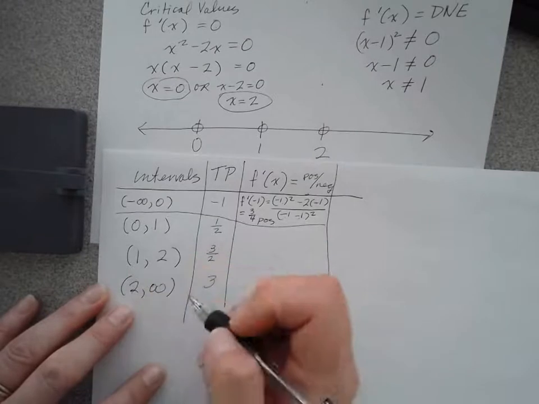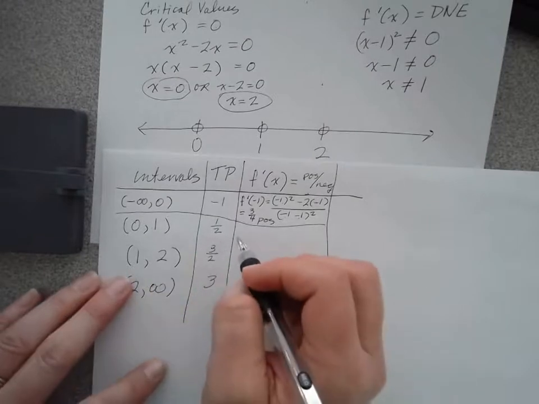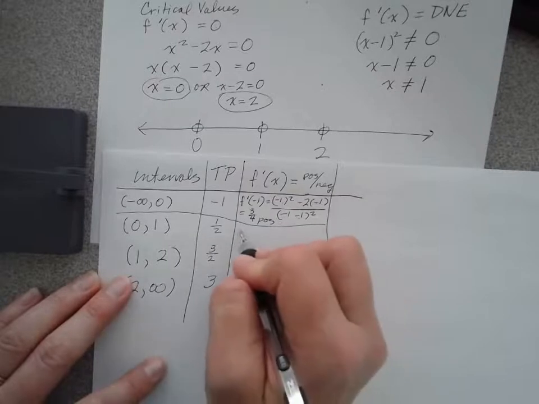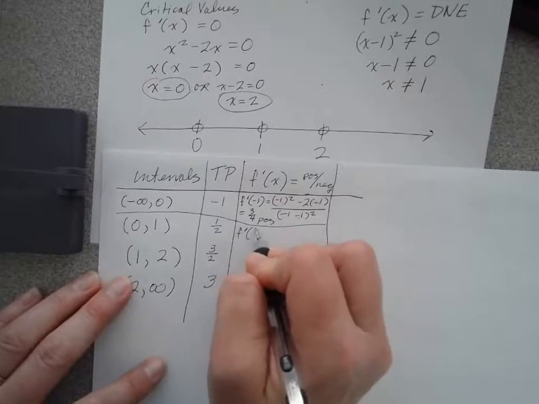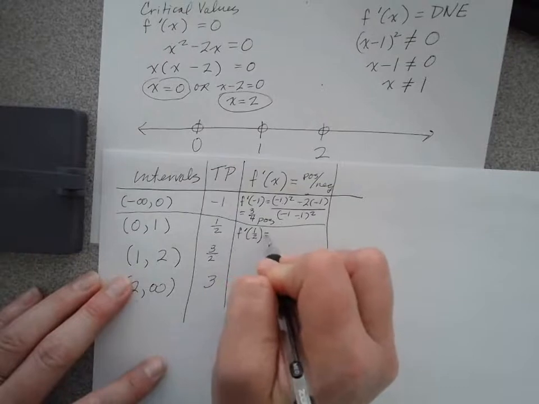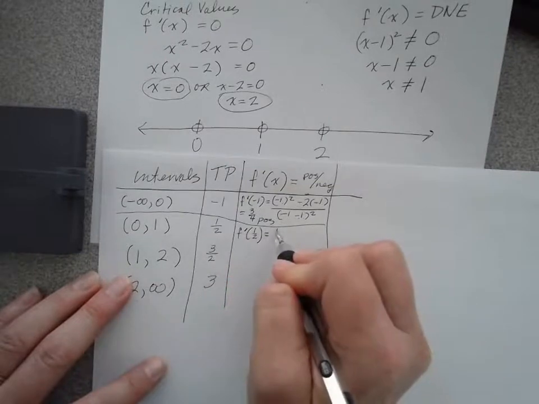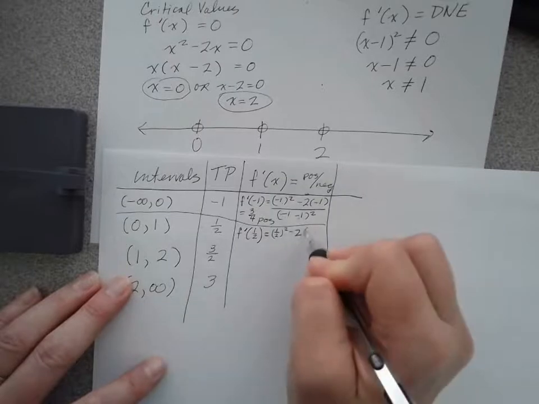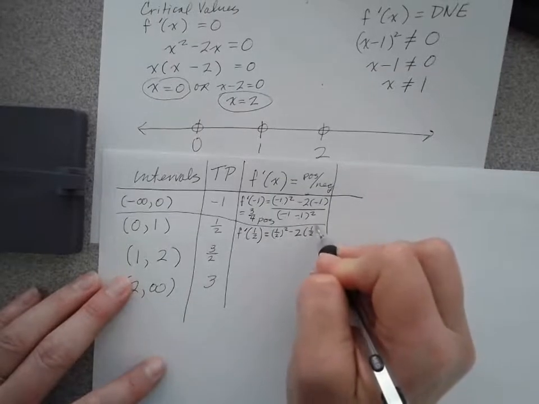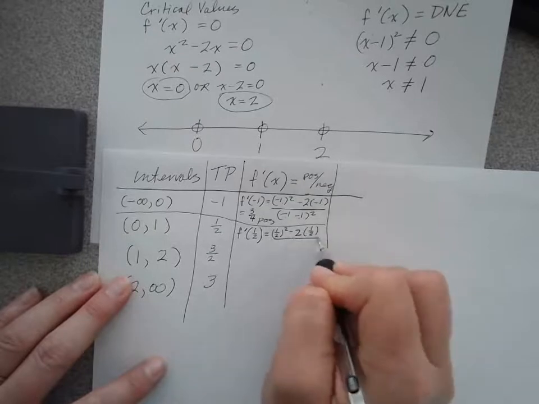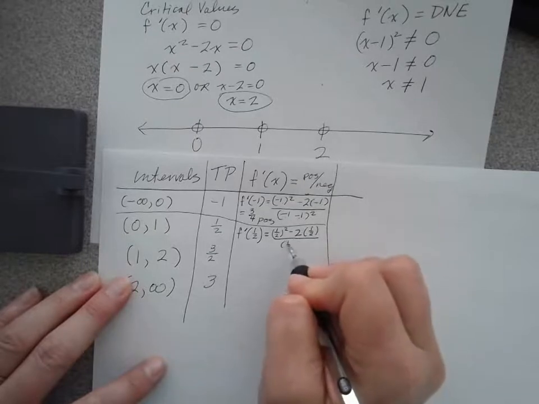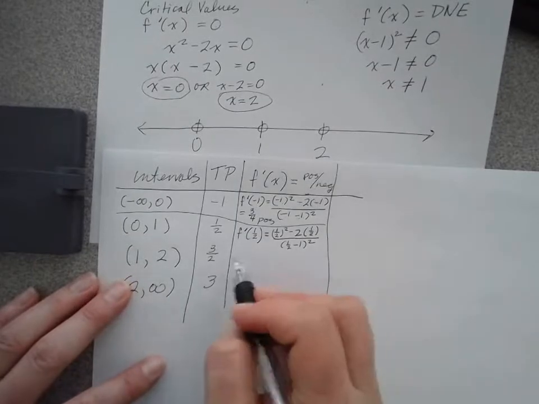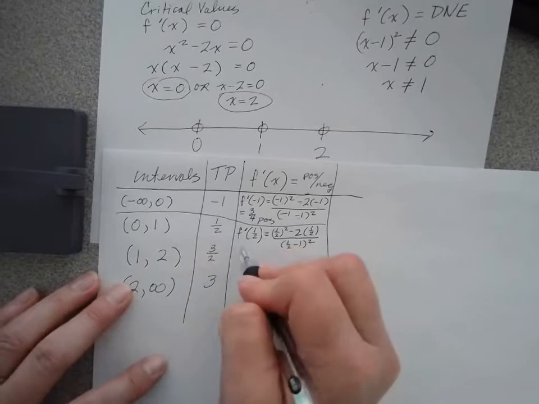All right, then plug in 1/2. Okay, so f prime of 1/2 is 1/2 squared minus 2 times 1/2 over 1/2 minus 1 squared. Okay, so I didn't leave myself enough room here. That's okay.